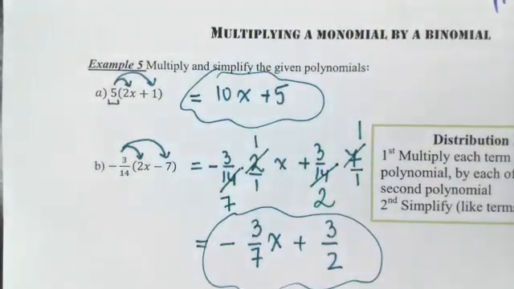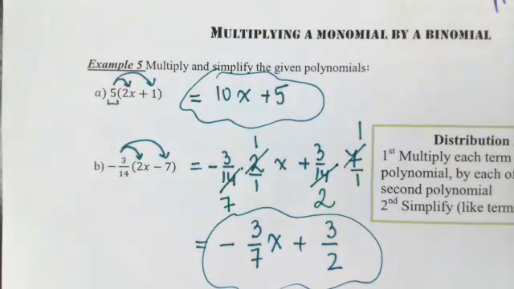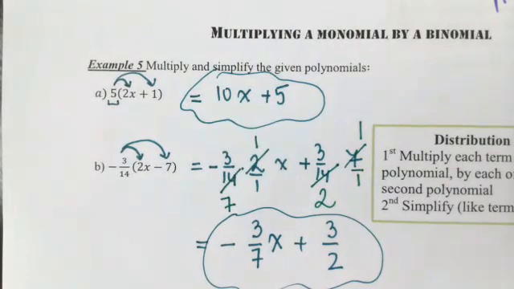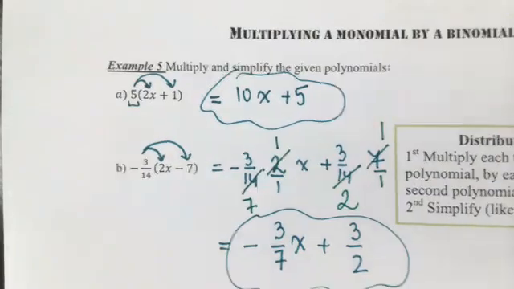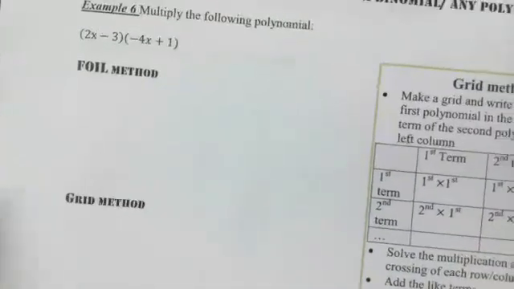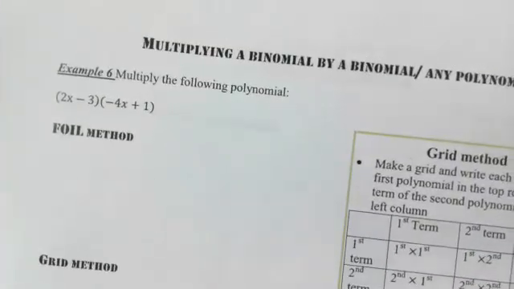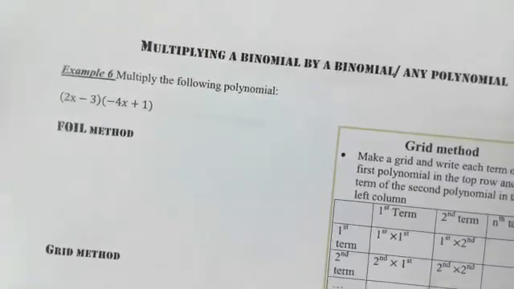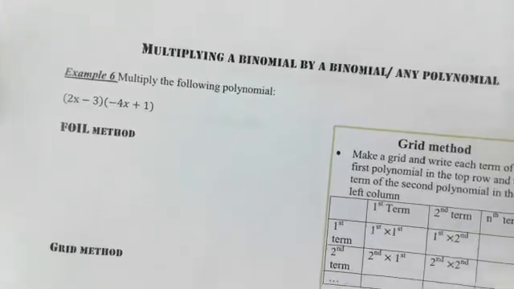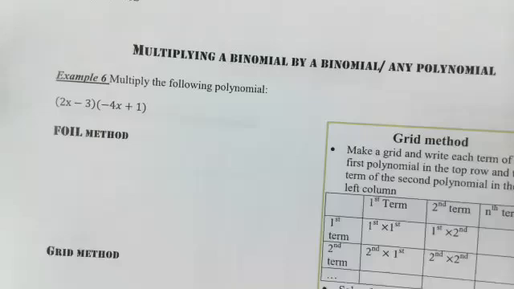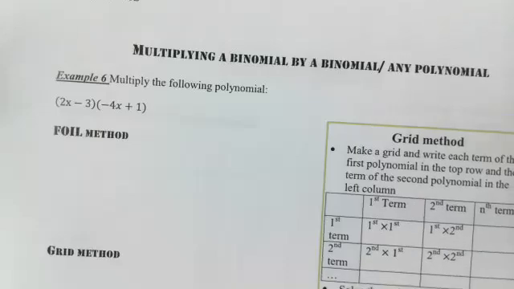For part B. Binomial times a binomial. This is also distribution, but you have to do it twice. There's a nice little memorizing tool for it, for binomial times a binomial. It's called FOIL.